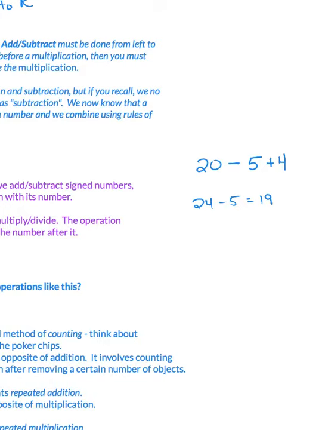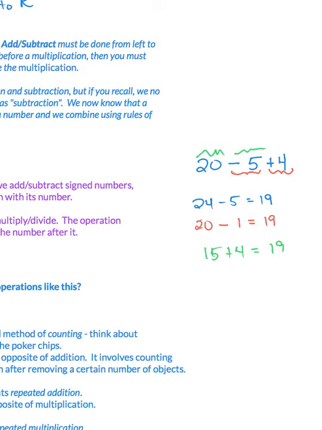Now remember, if you do decide to combine the negative 5 and the 4, remember that you have to keep the sign with the 5. This is going to be 20 minus 1 equals 19. You can also go from left to right. So if we start with 20 minus 5, we get 15 plus 4 equals 19.